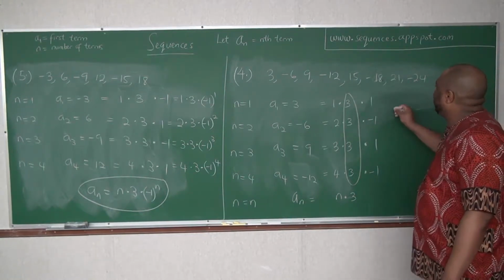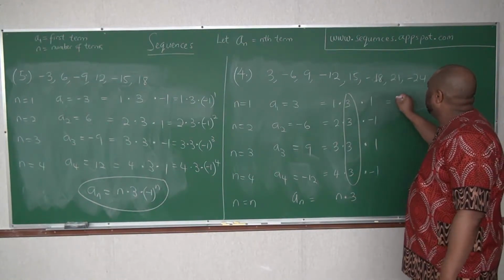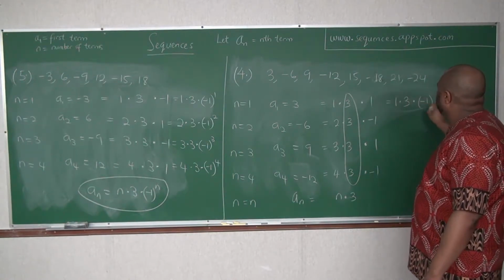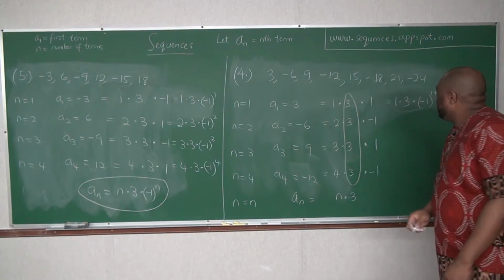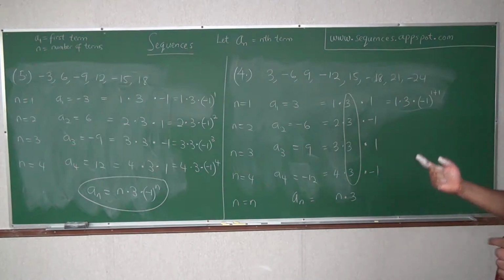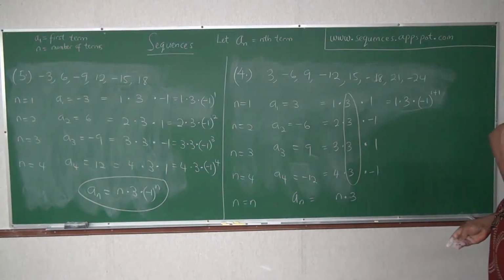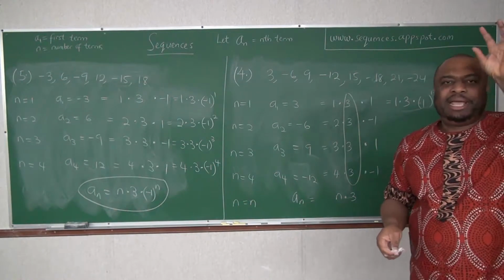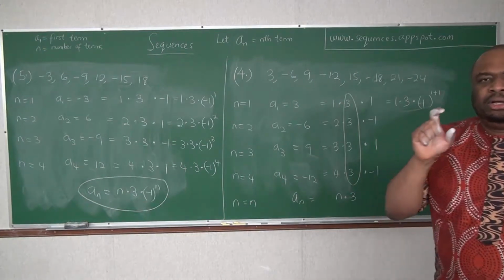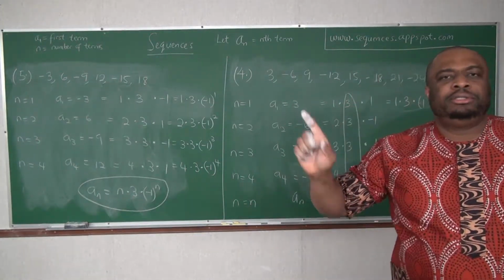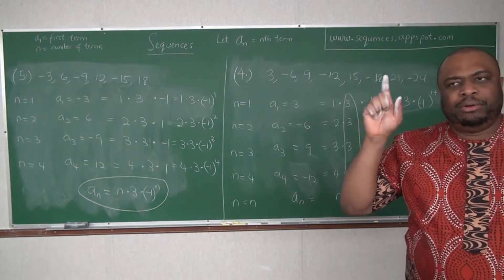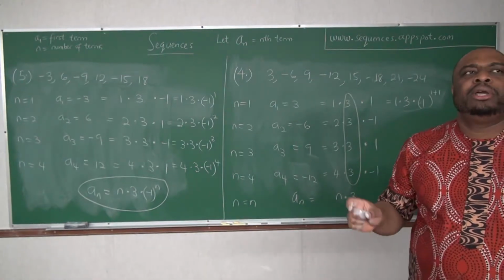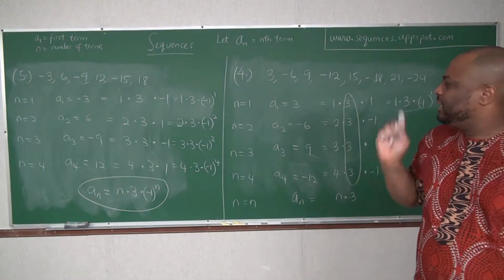So you can say, let's say we have this as 1 times 3 times negative 1 raised to 1 plus 1. Because you can't have only 1, no matter what, because 1 exponent anything is 1. 1 raised to odd exponent is 1. 1 raised to even exponent is 1.